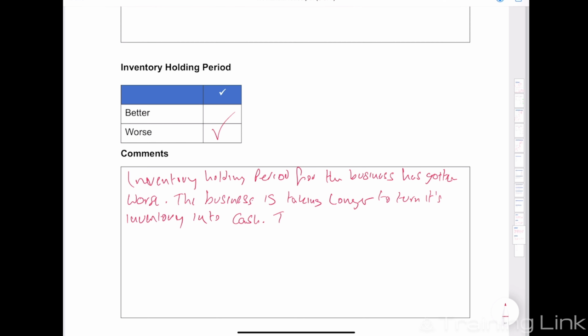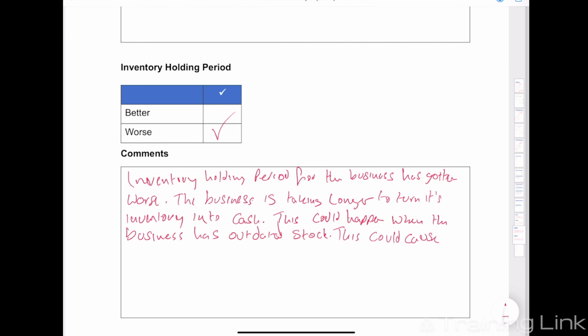So this could happen when the business has outdated stock. This could cause unnecessary or higher storage costs than planned.